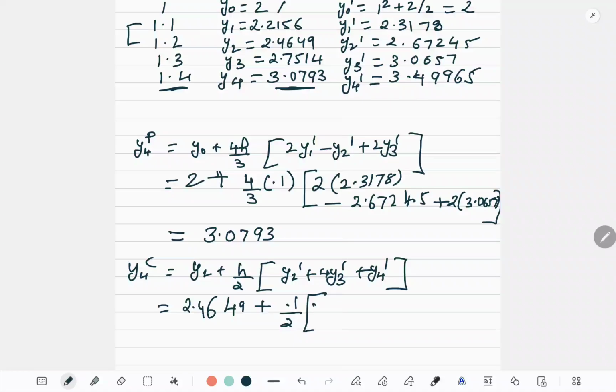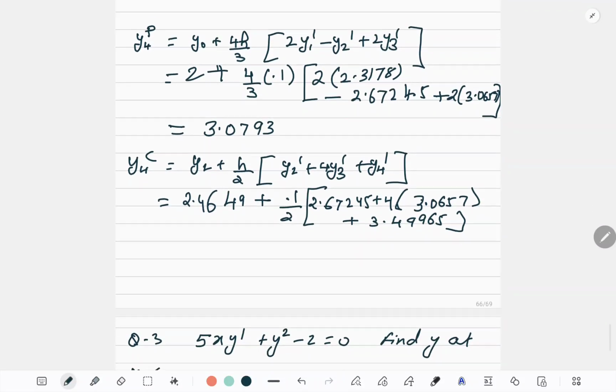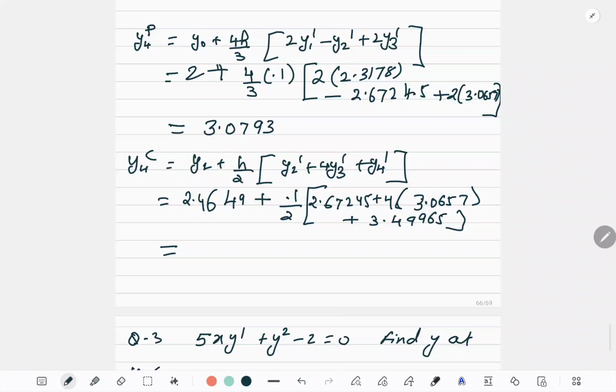Y2 dash means 2.67245, plus 4 y3 dash, that is 3.0657, and then y4 dash, that is 3.49965. Now substitute this, calculate this, use your calculator and check the value of the corrector formula.